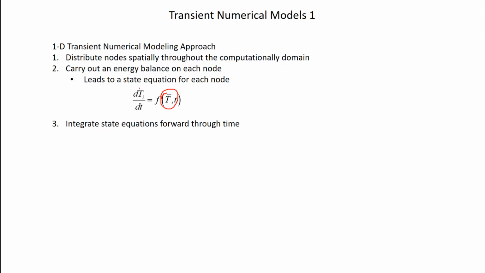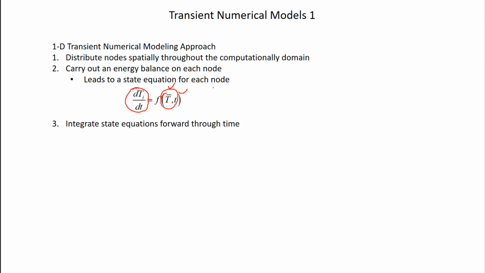So I can predict the rate of change of every node given the values of all the temperatures and time. Instead of having just one state equation, which is what we had with lumped capacitance problems, I now have an entire set of state equations that are coupled to one another.